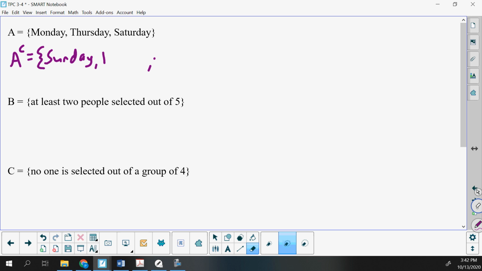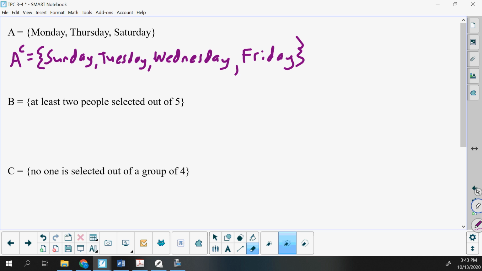We don't have Tuesday. We don't have Wednesday. We do have Thursday. And we don't have Friday. Those squiggly brackets are often called set notation. It's showing a set as opposed to, say, a coordinate or an interval.